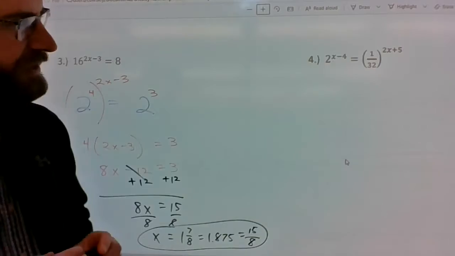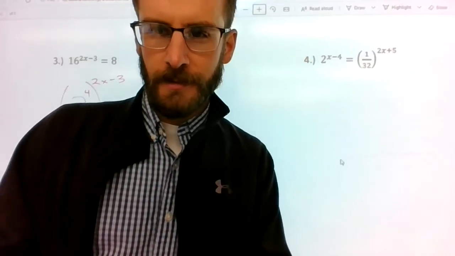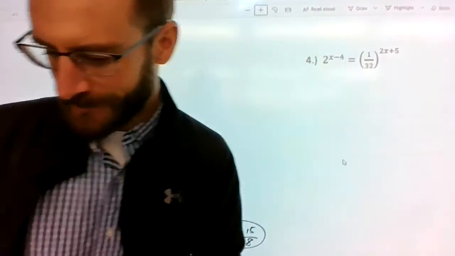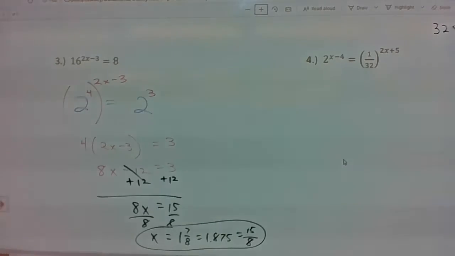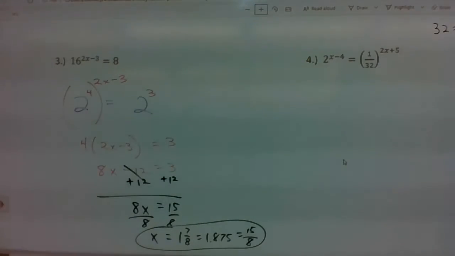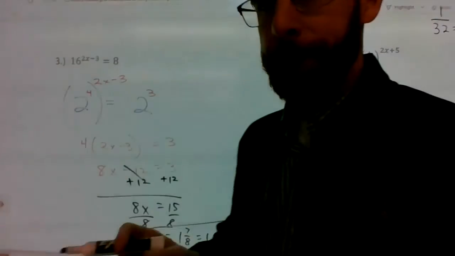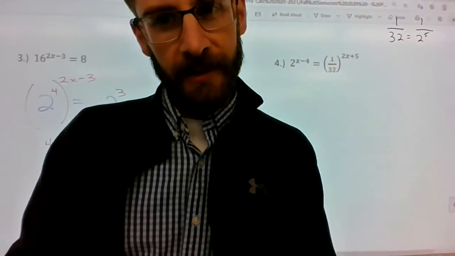All right, so what did you guys come up with for number 4? That's certainly different. Probably off to the side, it'd be good to just think some things about, what is 32? 32 is 2 to the 5th power. Yeah? So 1 over 32 is 1 over 2 to the 5th power. Sorry, you guys can't see that.